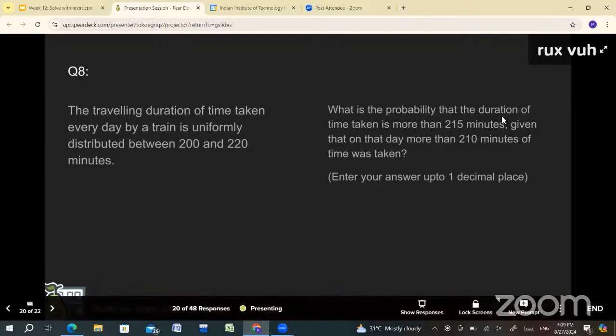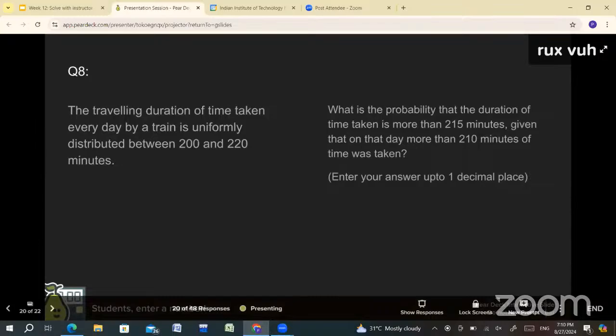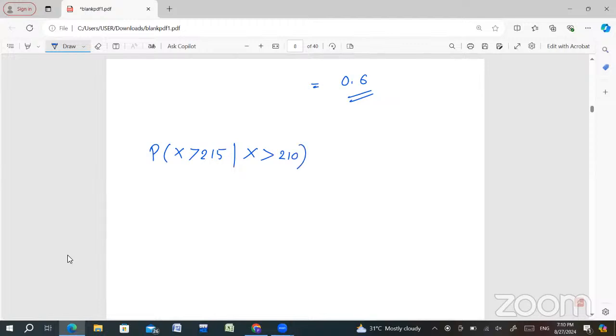So here we have to find out the probability that the time taken is more than 215 minutes, given that on that day more than 210 minutes of time was taken. So we have to find that x is greater than 215, given that x is greater than 210. So it is the conditional probability.